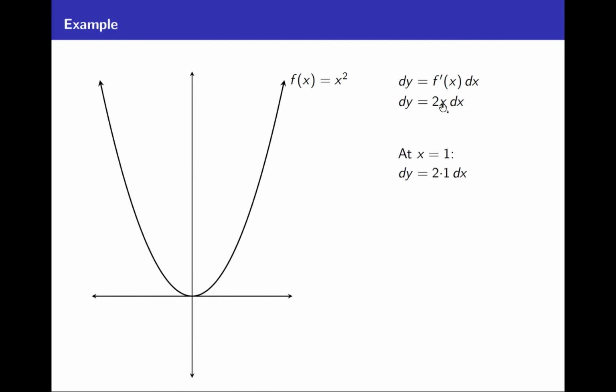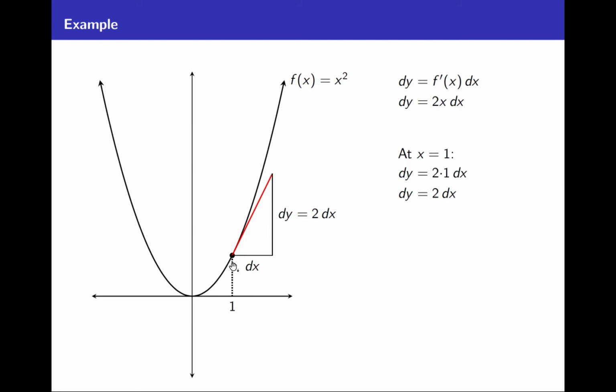Let's look at the situation where the variable x equals 1. If x is equal to 1, dy would be 2 times 1 times dx. In other words, dy is twice dx. It's double dx. Let's look at the picture.